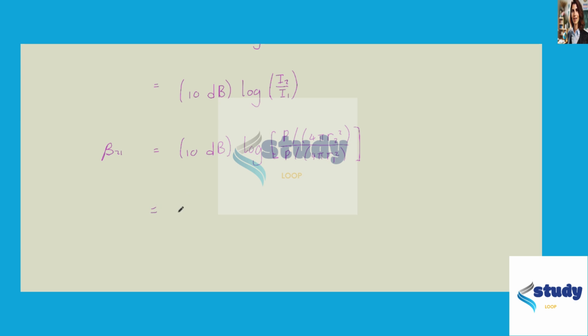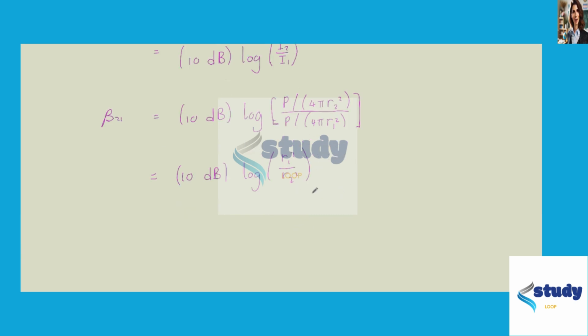So this becomes 10 dB times the log, and we can see with all the cancellations we are left with r1 squared over r2 squared. So we replace the ratio of the intensities with the ratio of the square of the distances.